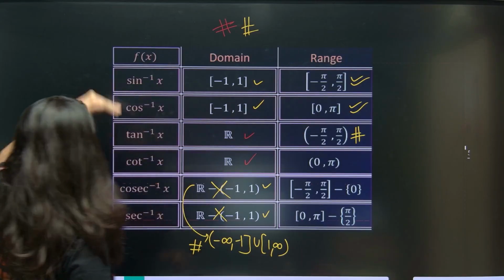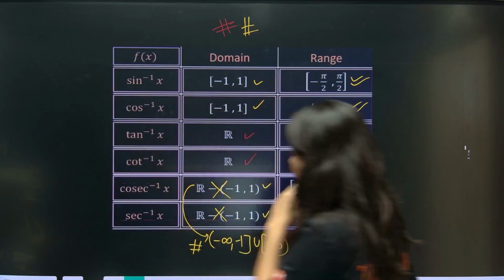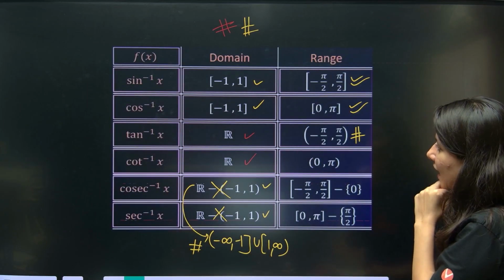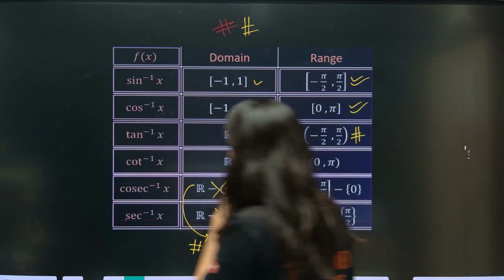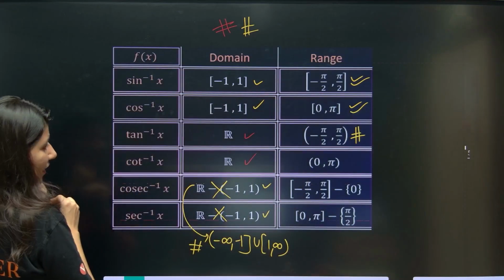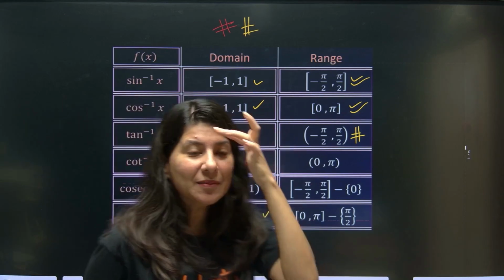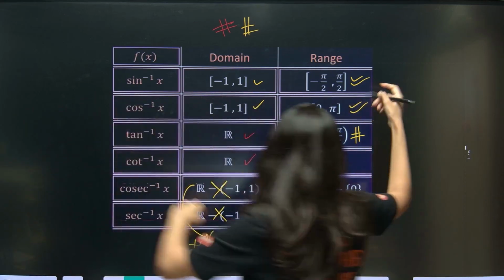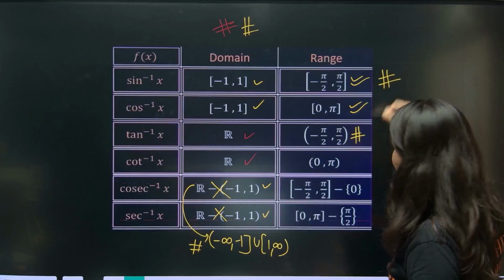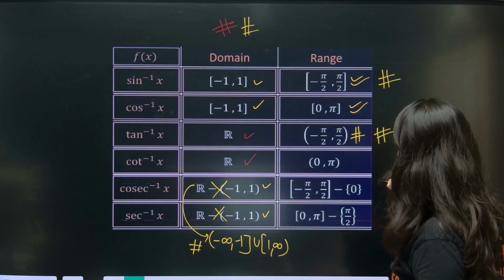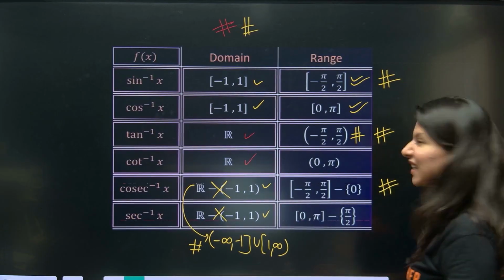Now cos inverse and cot inverse will share the same thing. See, understand, here actually what is happening? Sin inverse, tan inverse and cosec inverse, these three are same to same.